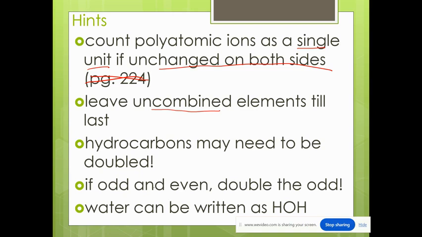Remember, odd and even, you're going to double the odd. Because if you have an even number, your answer is always what? An even number. If you have an even and an odd, your answer is always an even number.